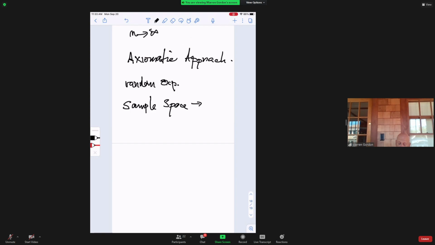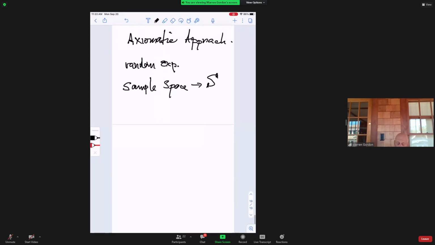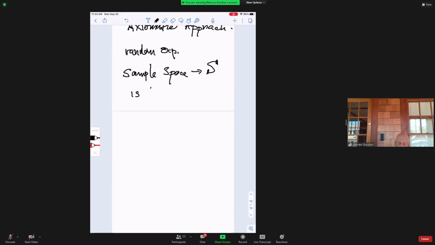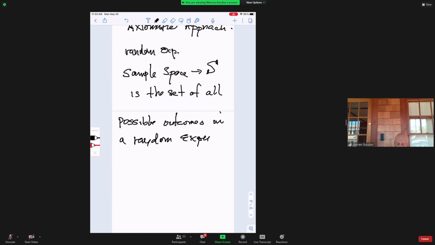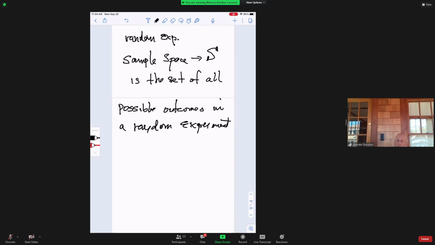The symbol I'm going to use for sample space will just be S, capital S. The sample space is the set of all possible outcomes in a random experiment. By the way, if you think in terms of set theory, the sample space is essentially the universal set.